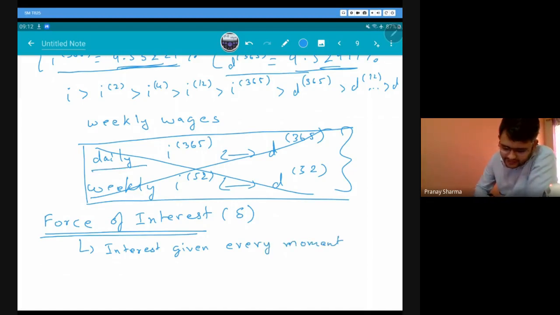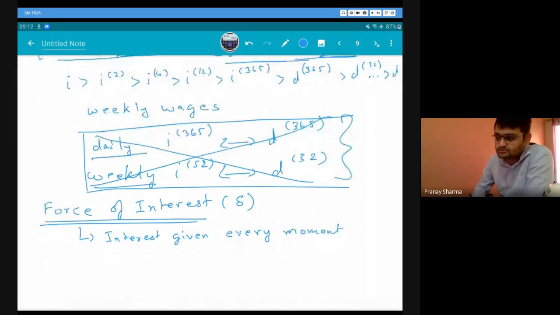Instead of daily, instead of weekly, we are saying every moment. Now, what does that actually mean? In practicality, I cannot give you interest every single moment, because how many moments do we have in 1 year? We have infinite moments in 1 year.